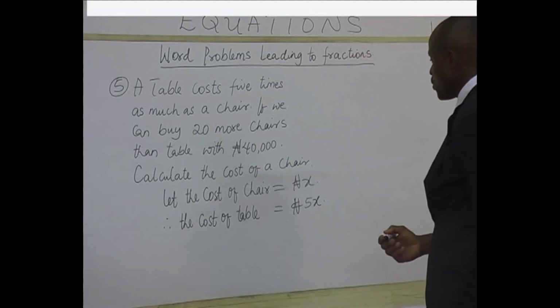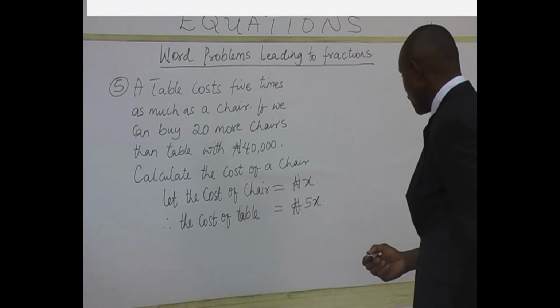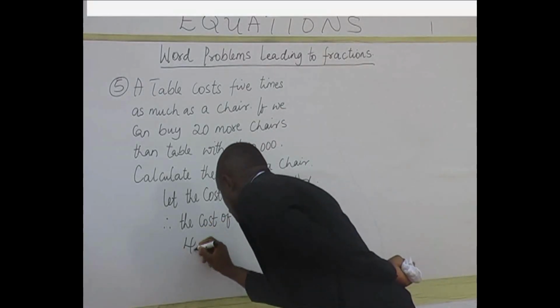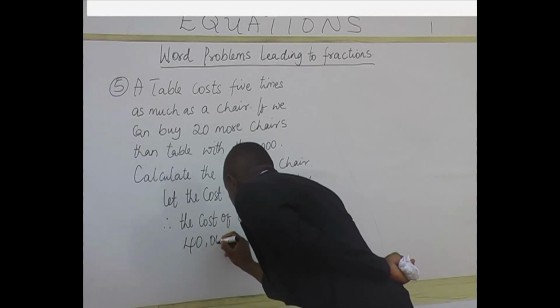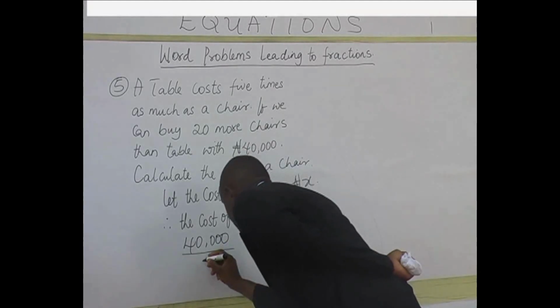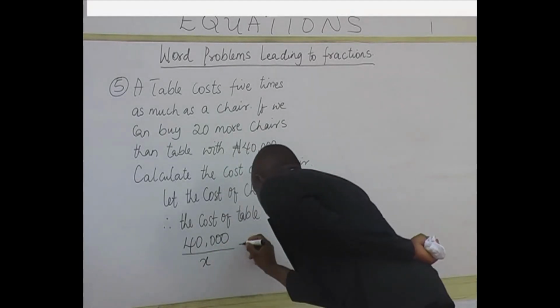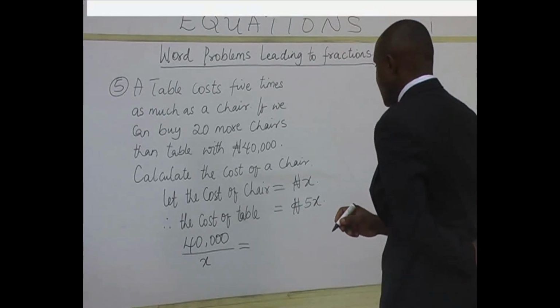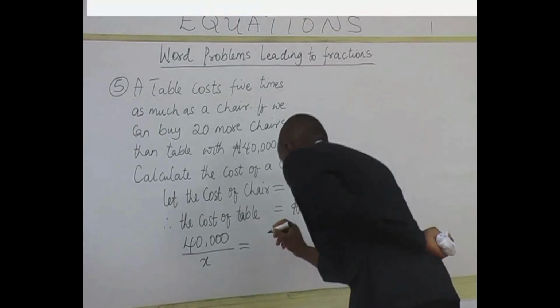The second question said, if we can buy 20 more shares than tables with 40,000. That means with 40,000, we can buy 40,000 divided by the cost of 1 share, which is X, will give you the number of shares you can buy.